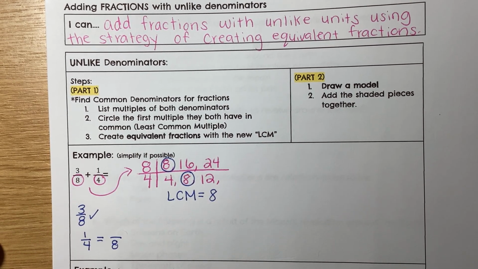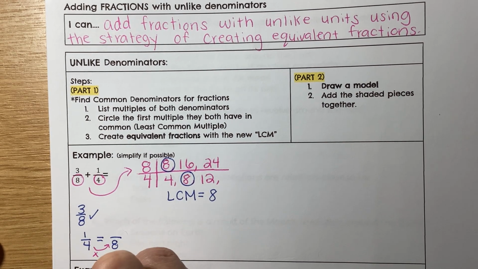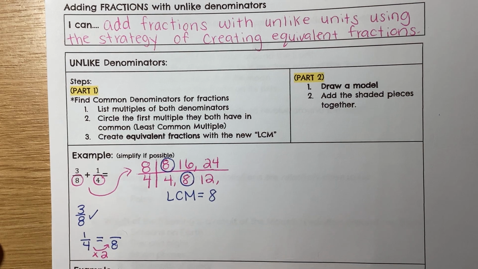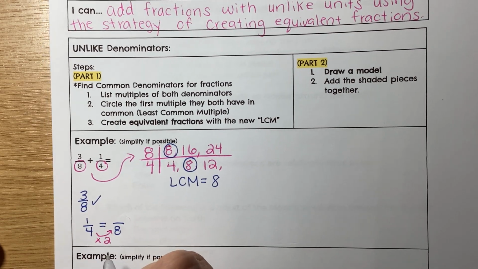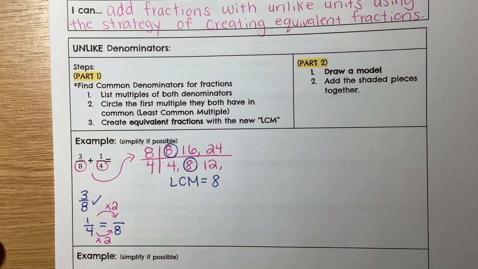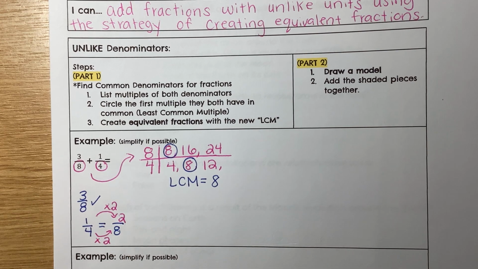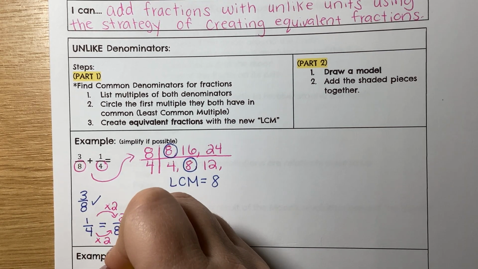So now I think to myself, 4 times what number gives me 8? 2. Whatever I do to my denominator, I must also do to my numerator. So 1 times 2 is 2. So now I've created another fraction that's equivalent to 1/4.